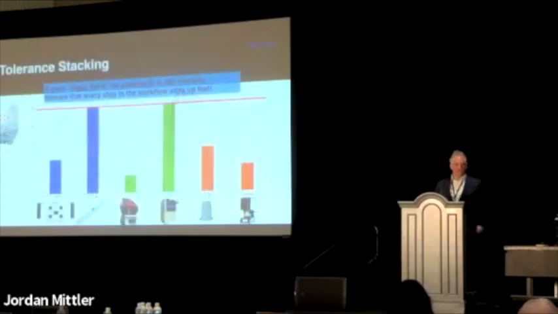Okay, if you look here, if your piggy bank for passive fit was 100 microns, beware that every step in the workflow adds up fast. ICAM captures the position at about 40 microns. Intraoral scanning is less. You have milling, you have printing, you have human beings cementing tie bases, you have sintering, you have all these things that can add up.